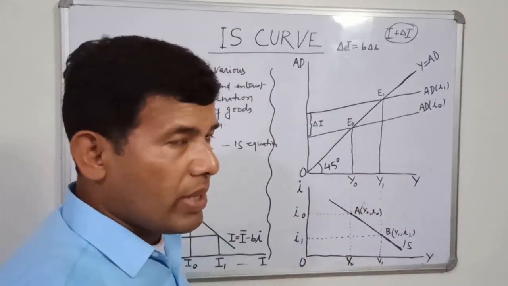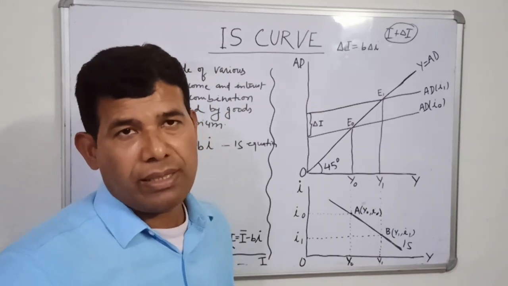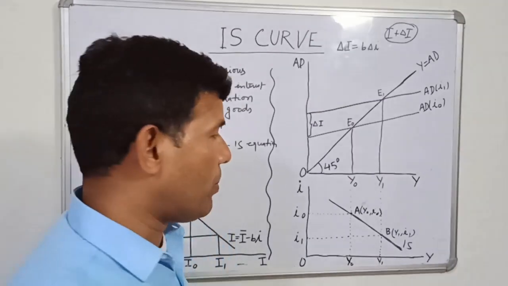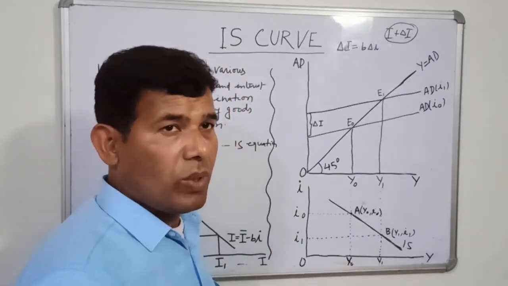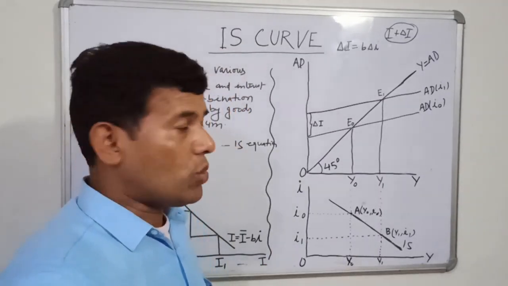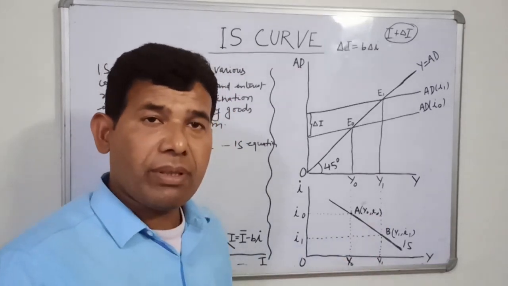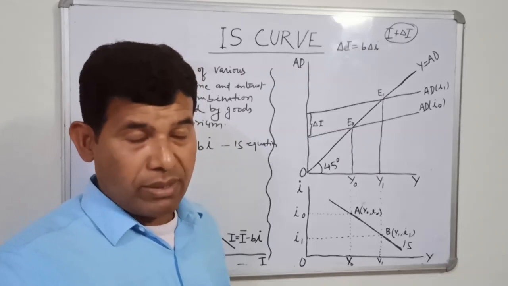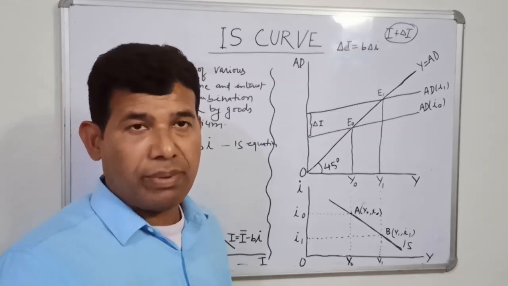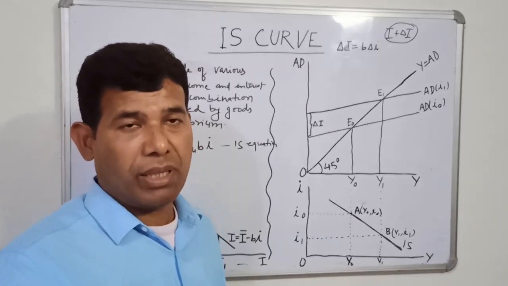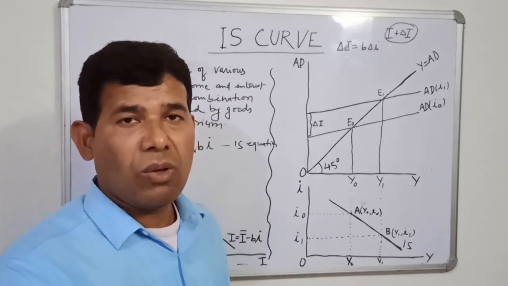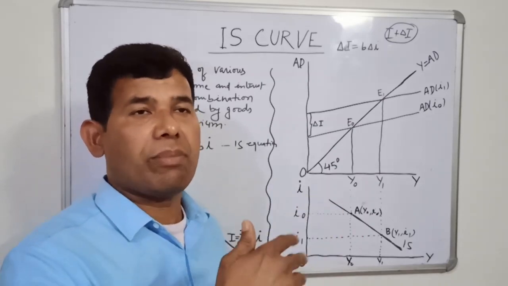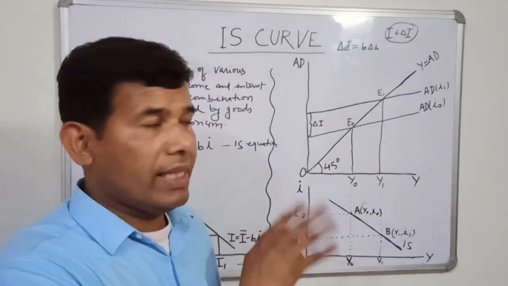Now, since we are talking about the model which is going to discuss the implications of fiscal policy and monetary policy, let us look at what happens to the IS curve if government expenditure rises. We are assuming, as we already have discussed, that government expenditure is an autonomous component of aggregate demand. So if government expenditure rises, autonomous components of aggregate demand would rise, that is, your A bar would rise, right?